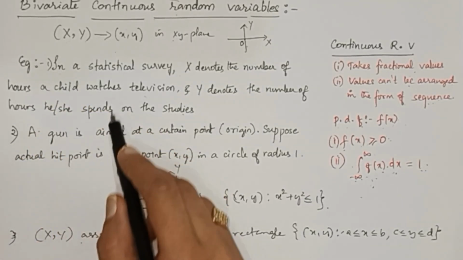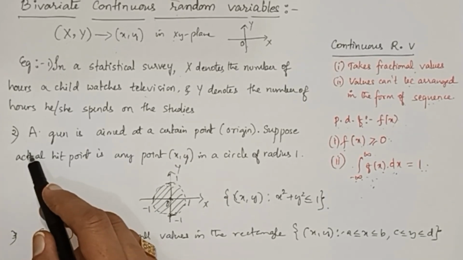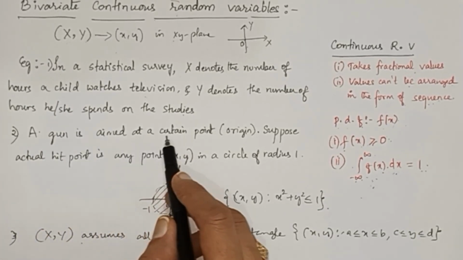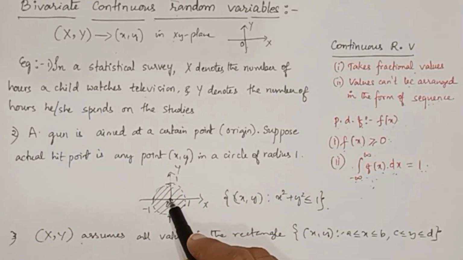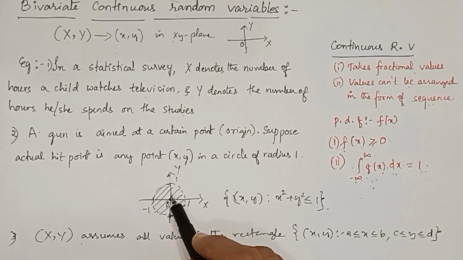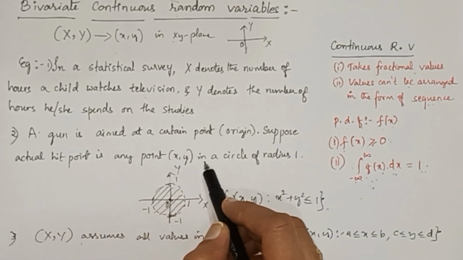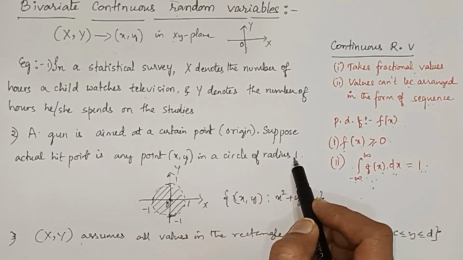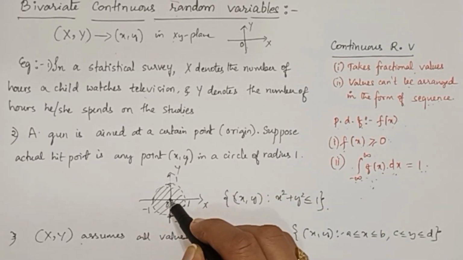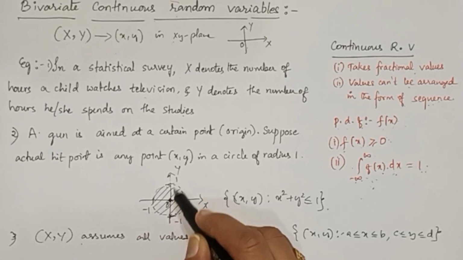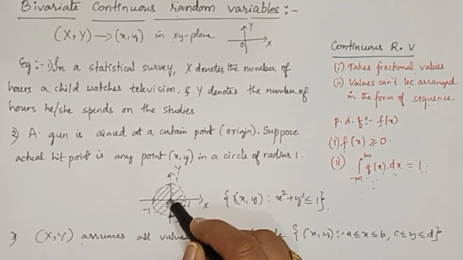One more example: suppose a gun is aimed at a certain point. You take it as the origin of this coordinate system. Suppose the actual hit point is any point x comma y in a circle of radius 1. So if the gun is aimed at this point, when you shoot it need not go exactly to this point.